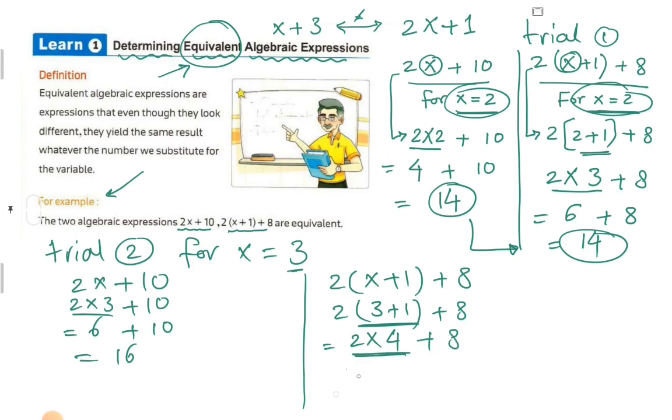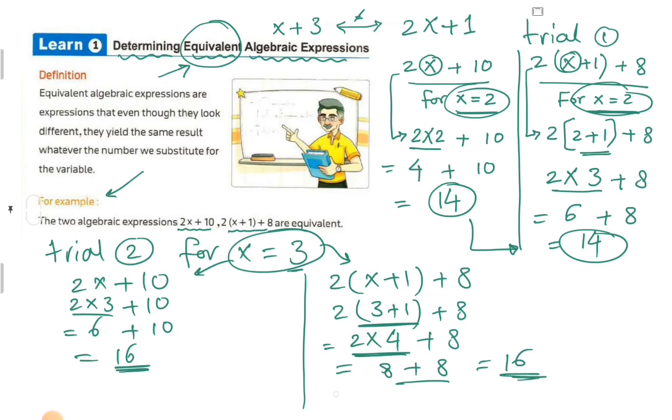Start with multiply 2 by 4 equal 8 plus 8 equal 16. Now when we substitute x equal 3 for the two expression, we find the same result.